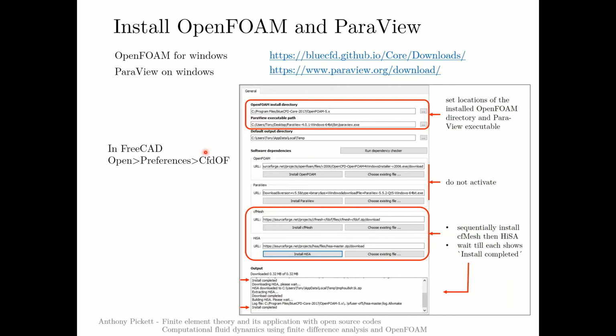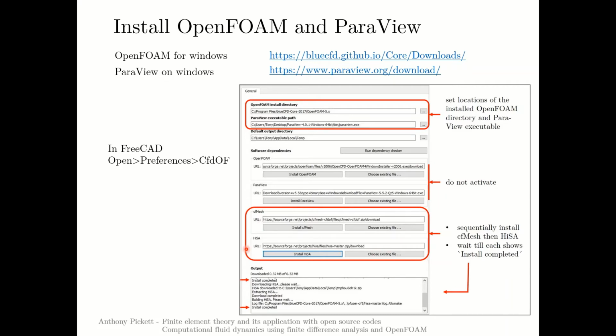The things you have to type in, or locate, are first the directory where OpenFOAM is installed. This is done at the top. I have to emphasize it's the directory that's needed there. For the ParaView executable, you must locate the executable, not the directory. Here you don't do anything.